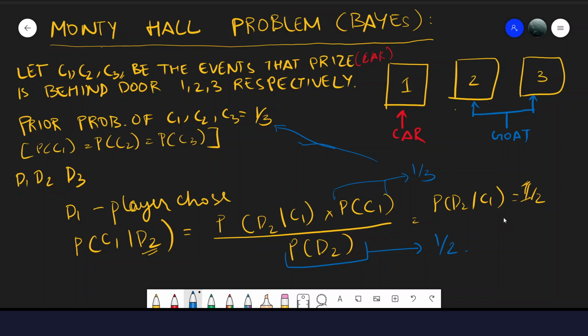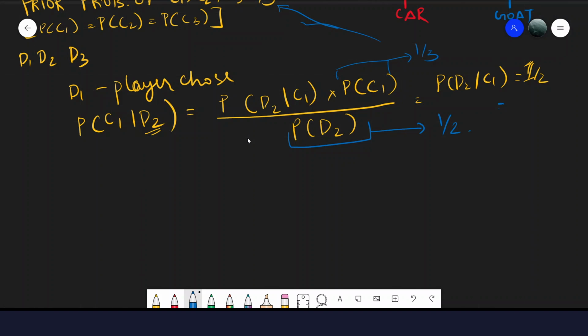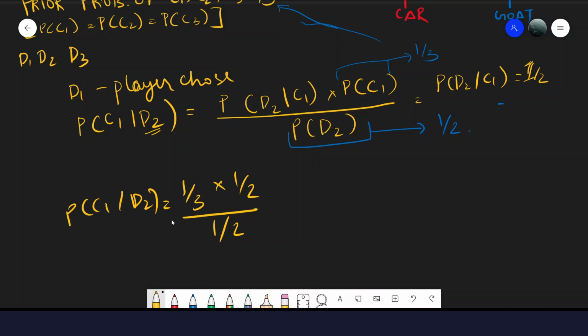So this is basically how you do it. This is equal to 1/3 times 1/2, whole upon 1/2. So the probability of C1 given D2 is 1/3 times 1/2, divided by 1/2.